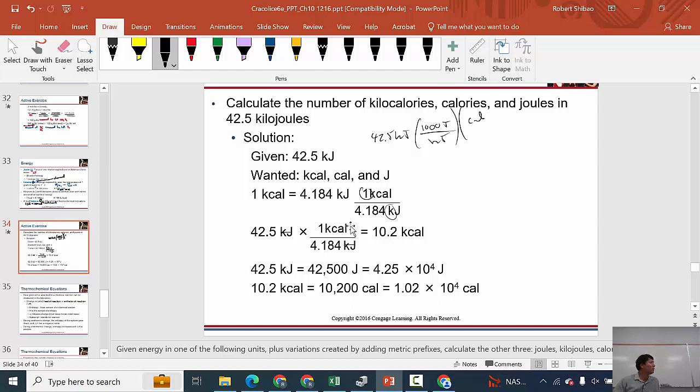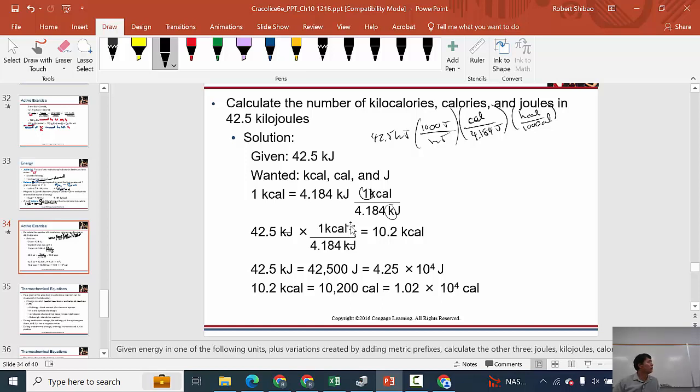In 1 chemical calorie, there's exactly 4.184 joules. And then convert that to kilocalories. 1 kcal is equivalent to 1,000 cals.